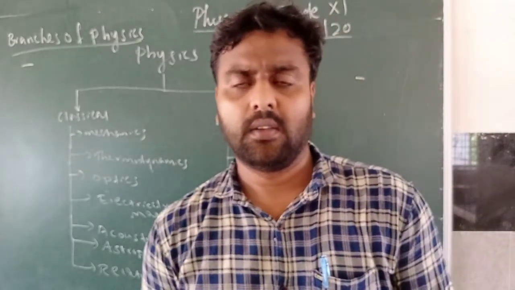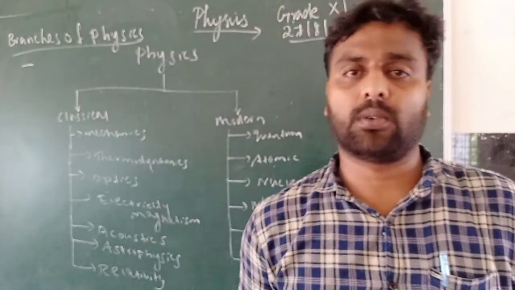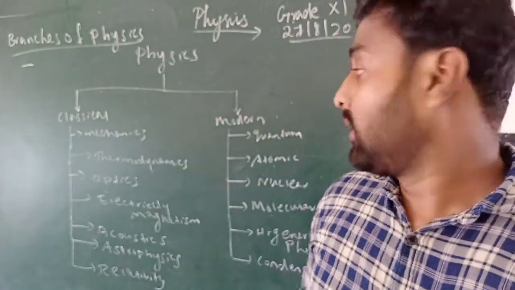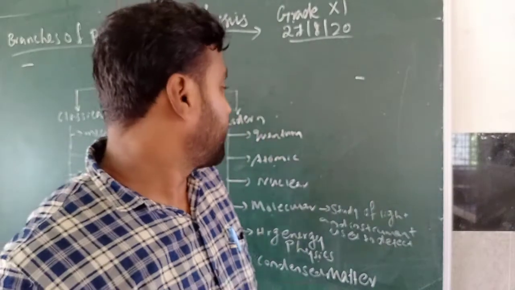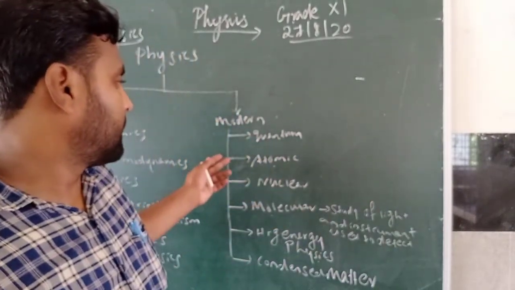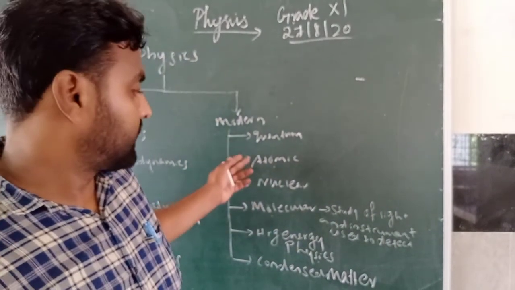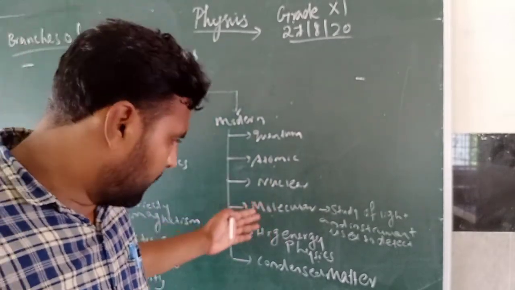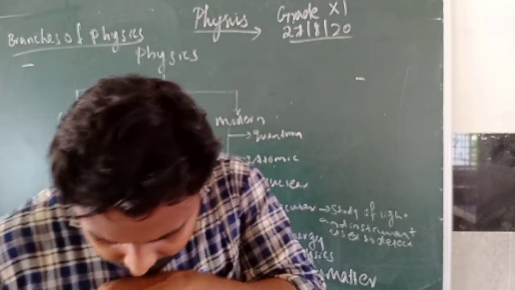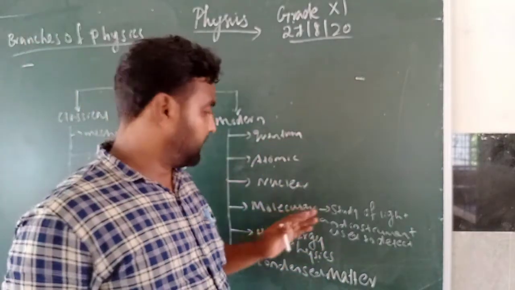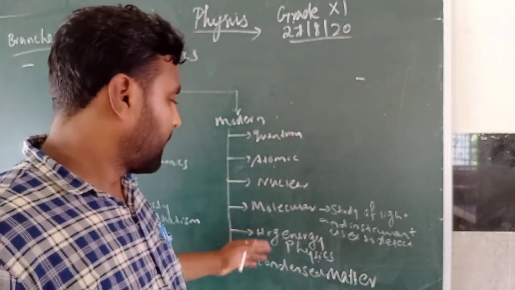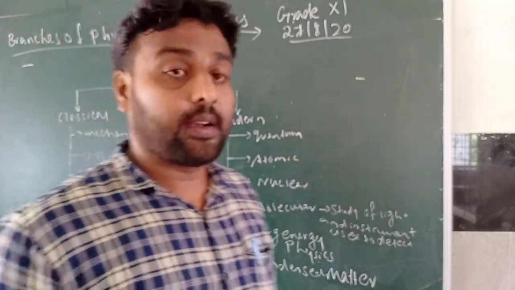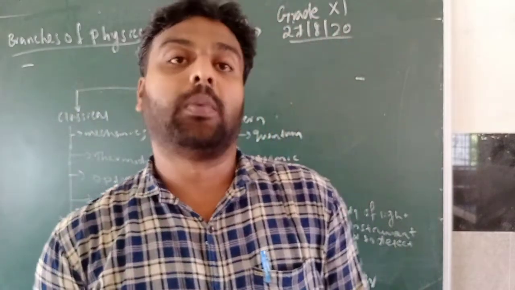These are the branches which make up classical physics. And modern physics: quantum mechanics, atomic physics, nuclear physics, molecular physics, then high energy physics and condensed matter physics.